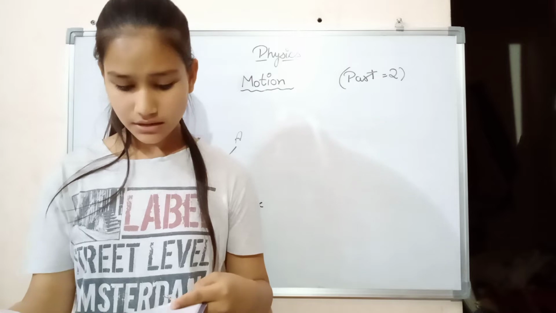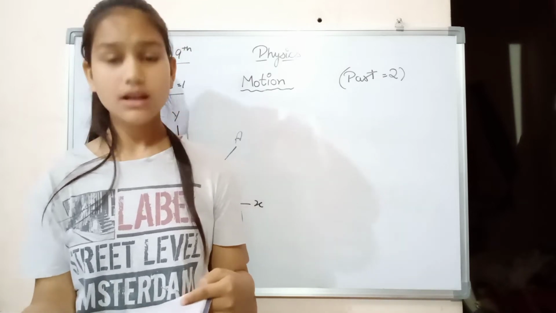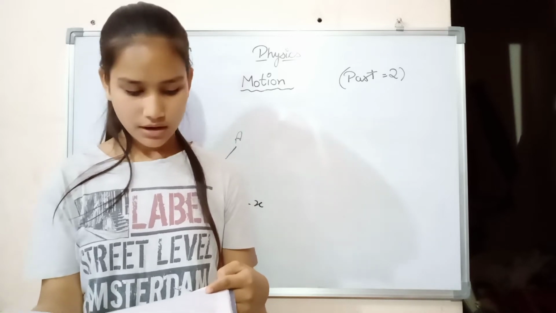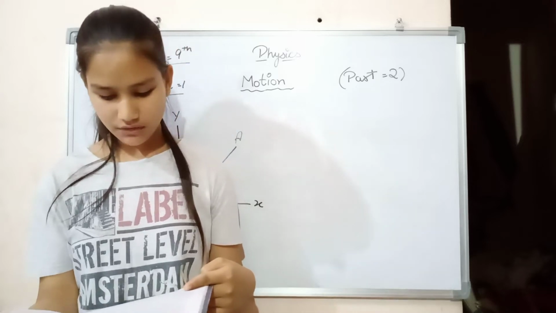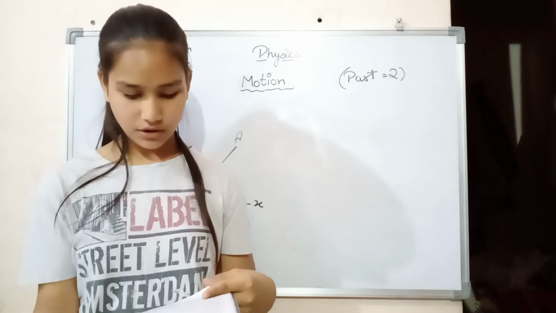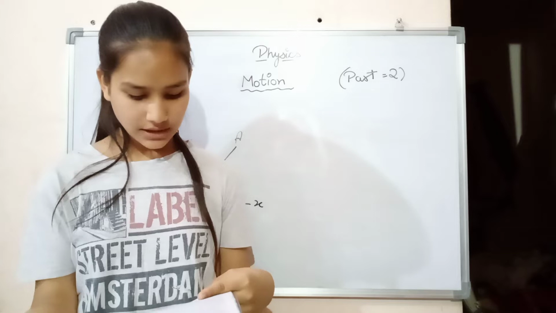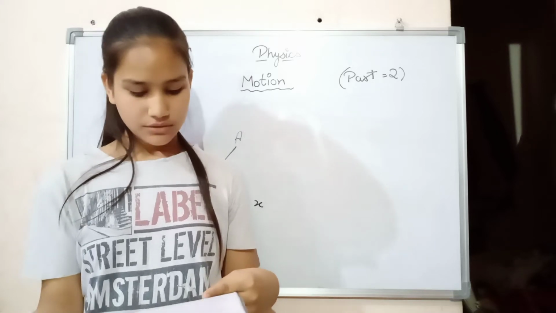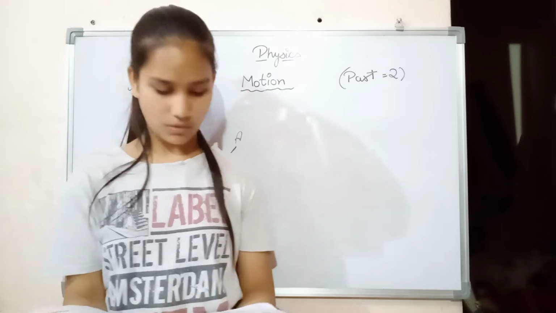A body has a non-uniform motion if it travels unequal distances in equal intervals of time. For example, if we drop a ball from the roof of a tall building, we find that it covers unequal distances in equal intervals of time. It covers 4.9 meters in the first second, 14.7 meters in the second, and 24.5 meters in the third second, and so on.